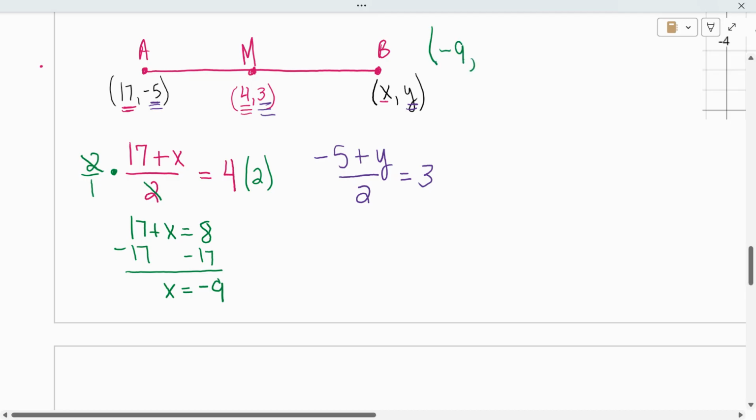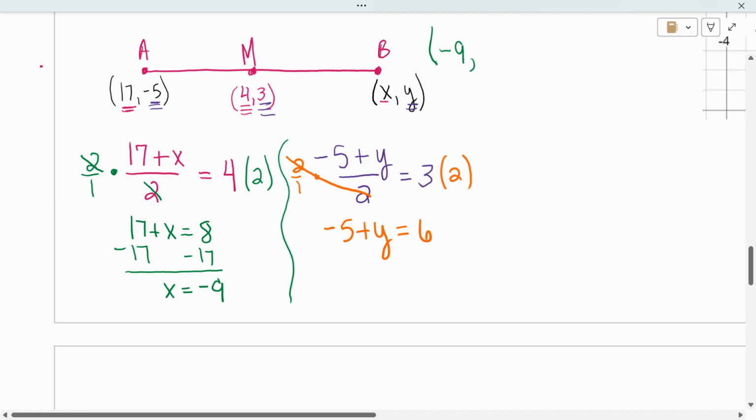Now we just need to find the y-coordinate of our endpoint. What are we going to do here? How do I get rid of the divide by 2? Multiply by 2. Yeah, same exact thing. So the 2 cancels out in the denominator. -5 plus y equals, and what is 3 times 2?